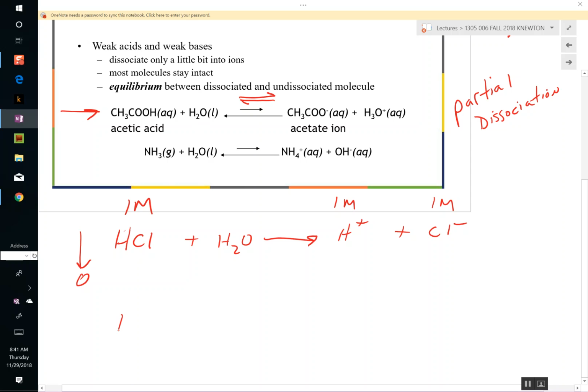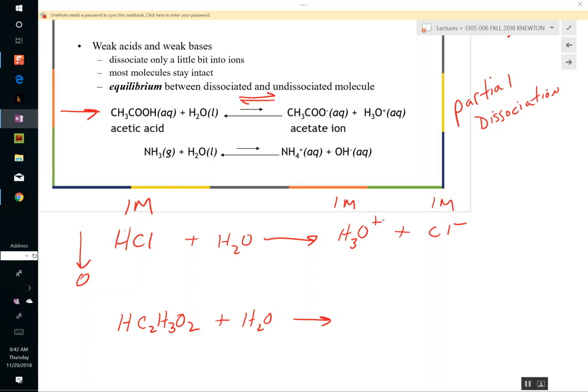So now let's take our acetic acid. I guess this could be H3O plus over here, just as well. Notice that it's written that way here. I'm writing it this way here. I like to write it this way.